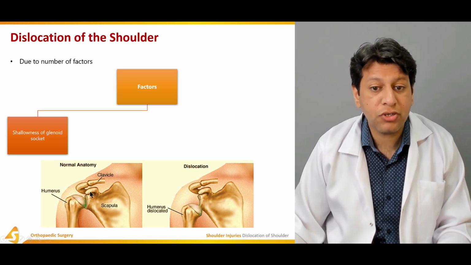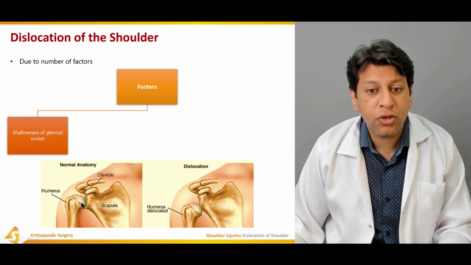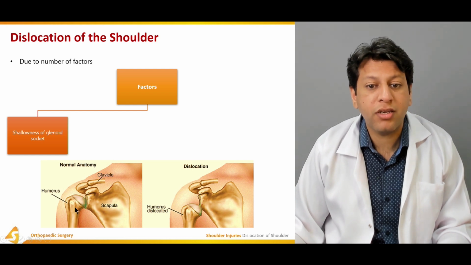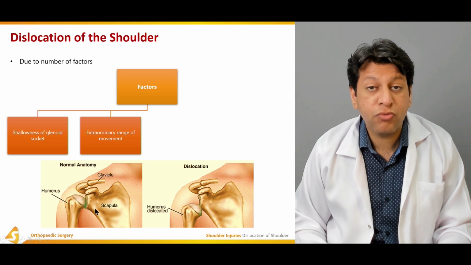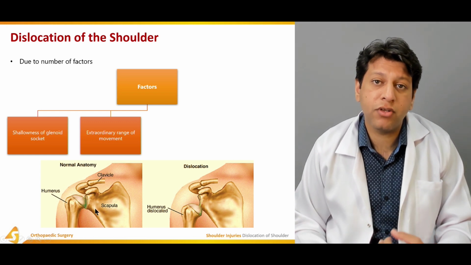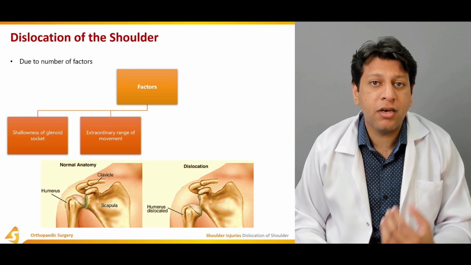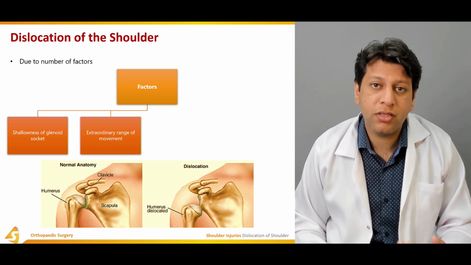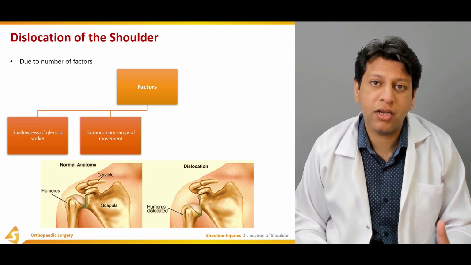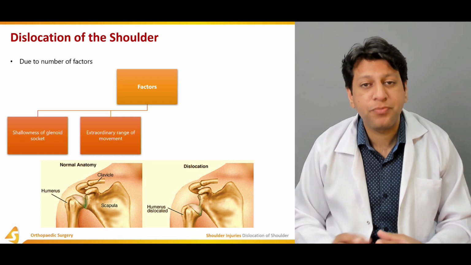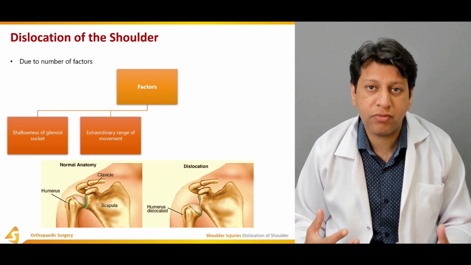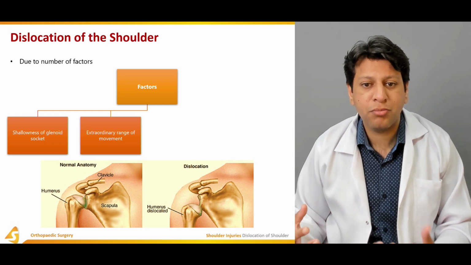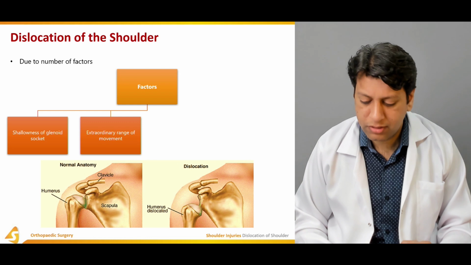If the glenoid socket is too shallow, the shoulder joint can easily dislocate out of the socket. Extraordinary range of movement, usually in patients who have ligamentous laxity, such as Ehlers-Danlos syndrome, they have hypermobility at the joint, and with an inherently unstable joint which is already designed to give you a lot of movement, excessive movement will push the head out of the glenoid cavity.